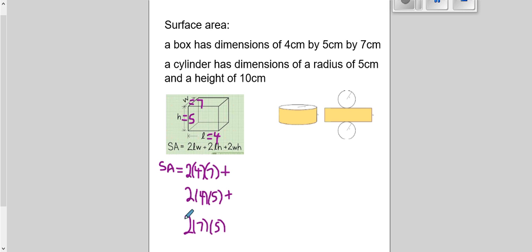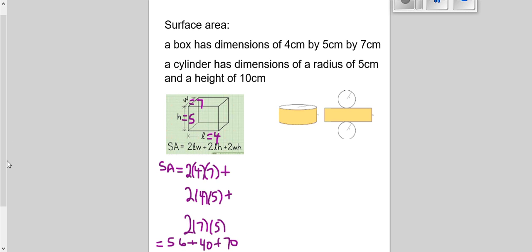All right, so let's see what we have here. 2 times 4 is 8. 8 times 7 is going to be 56. And then 2 times 4 is 8, and 8 times 5 is 40. And then 2 times 7, which is 14, and 14 times 5, which is going to be 70.